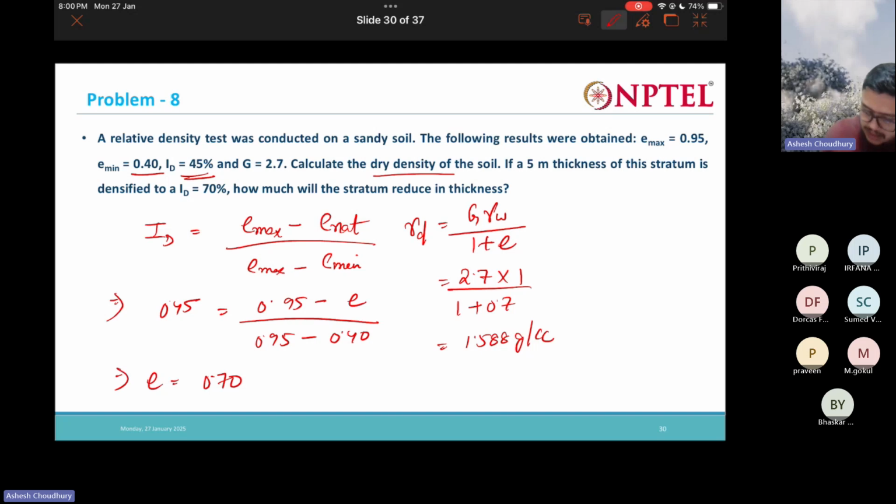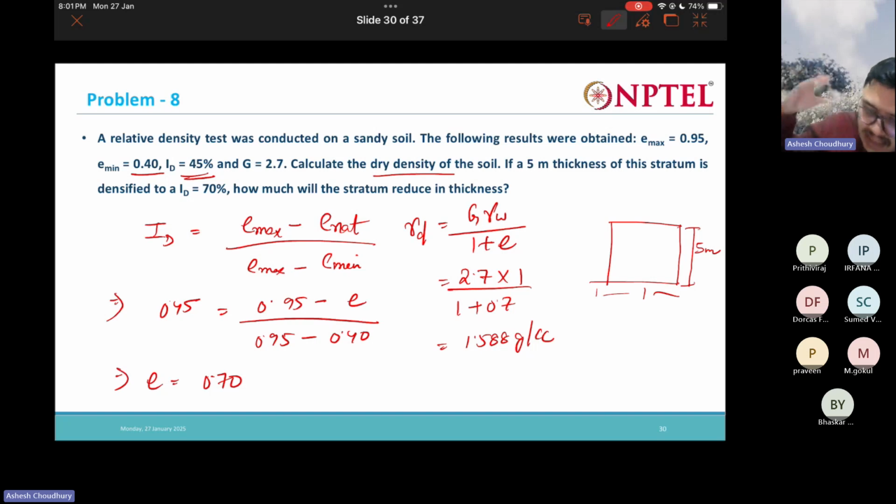The dry density is calculated. Now the next part of the question: if a 5 meter thickness of the stratum is densified to a 70% relative density, what will the thickness be? Say the thickness is 5 meter, and the other dimensions, the out of plane thickness, everything is 1, the height is 5 meter.